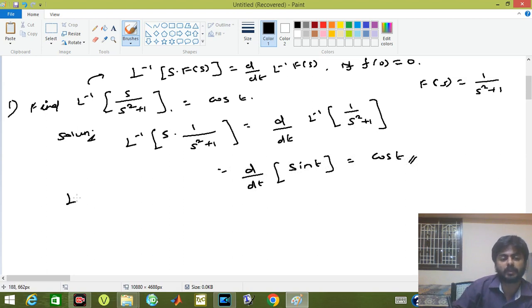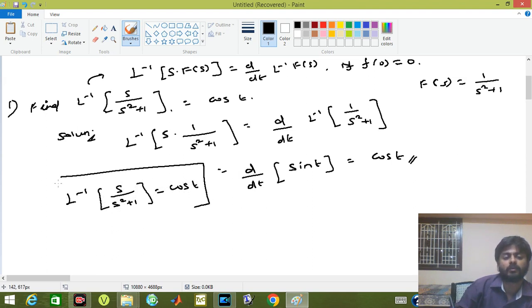So this is another method of deriving the same result, L inverse of s by s square plus 1 equal to cos t. Okay, so our first problem is over. Now we are going to the second problem.